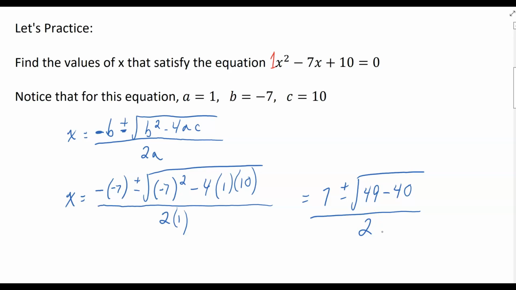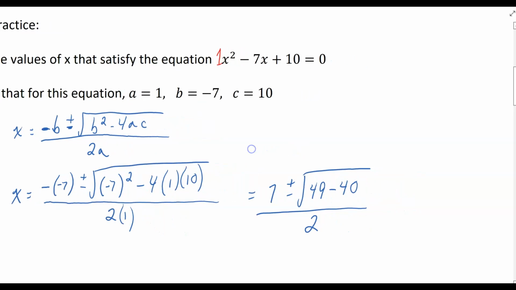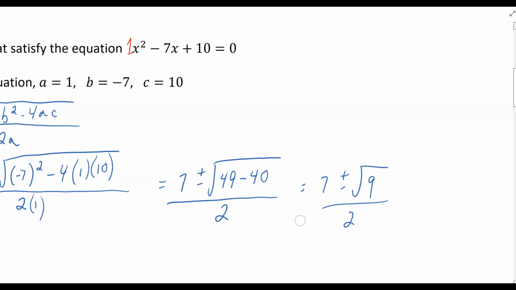That's starting to look better already. We will go one step further: 7 plus or minus the square root of 9, all over 2. And actually, let's go one step further: 7 plus or minus 3 over 2.